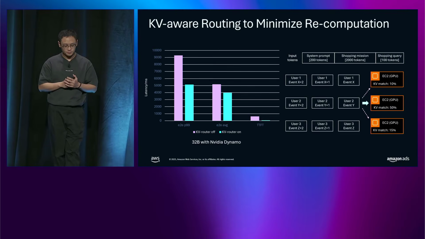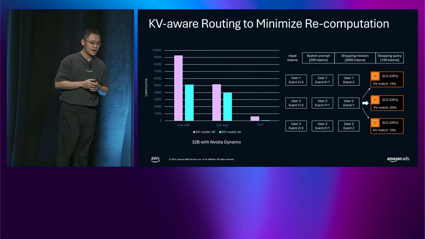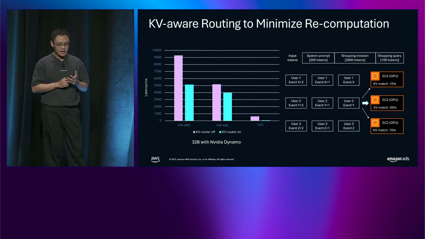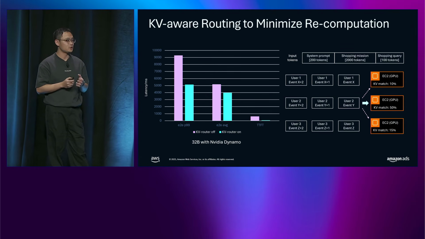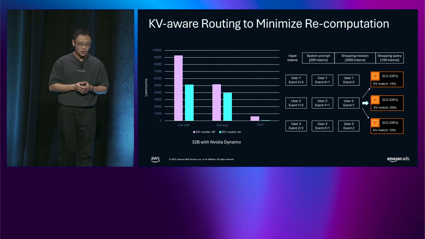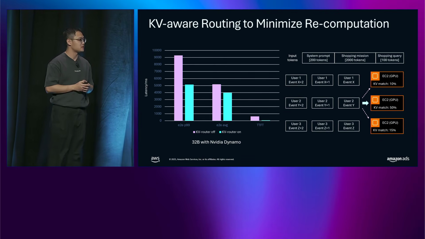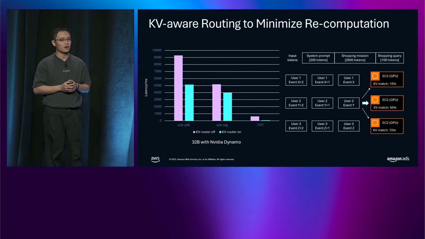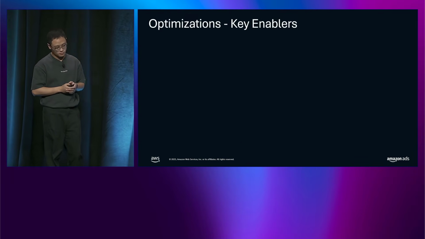As you recall, a token can be represented as a vector of floating point numbers, also known as an embedding. For simplification, you can imagine K, V, Q, or the key, value, query, as matrices that are used to compute the inter-token interaction score from these embeddings. When multiple requests share an overlapping prefix, KV caching can help avoid redundant computation.